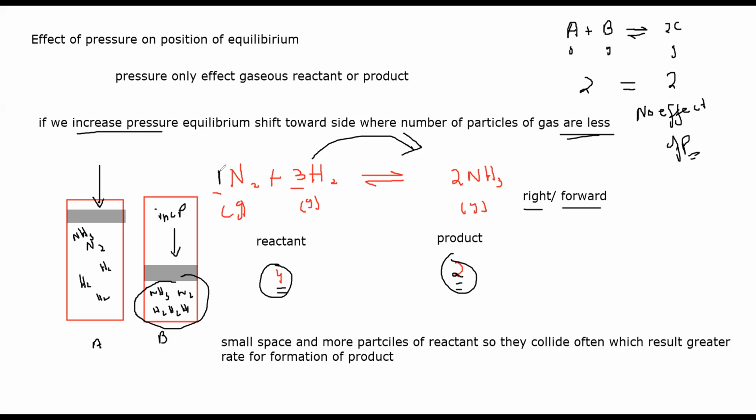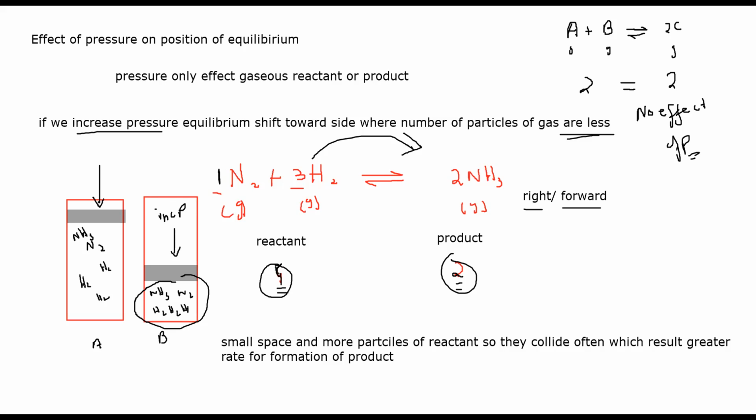Like we have 1 mole of nitrogen and 3 moles of hydrogen. So the total number of moles or molecules is 4 according to the simplest ratio. For a reaction, I need 3 molecules of hydrogen and 1 molecule of nitrogen to form 2 molecules of ammonia.